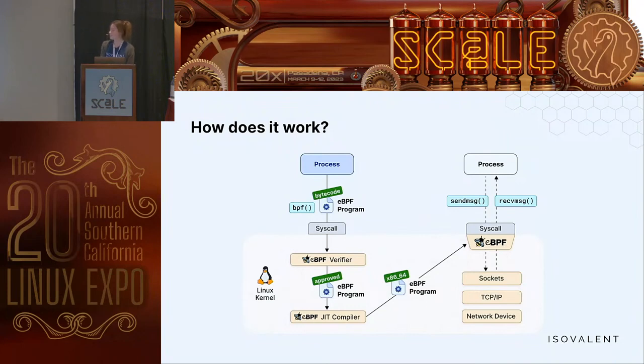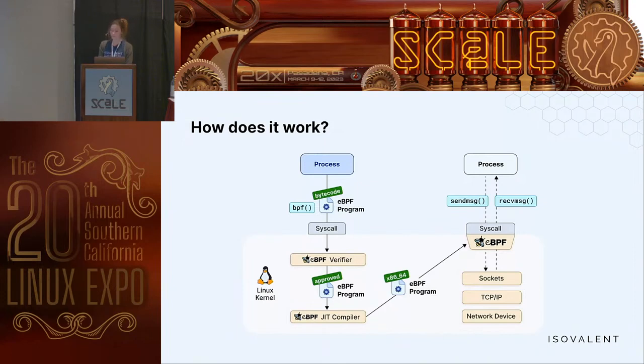First, we use the BPF system call to load that program. Once it's loaded, it goes to the verifier. The verifier makes sure that this code is not buggy and won't crash the Linux kernel. If it's buggy and would crash the kernel, the verifier will reject it and it's not going to load.